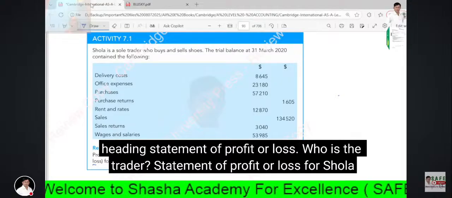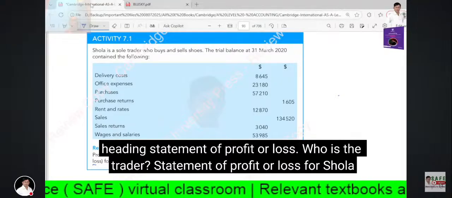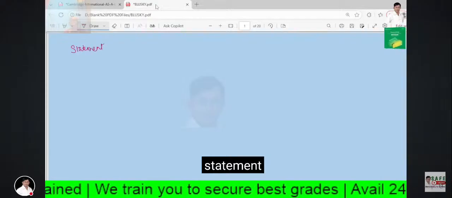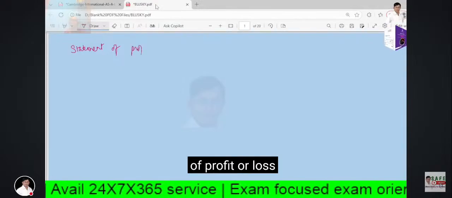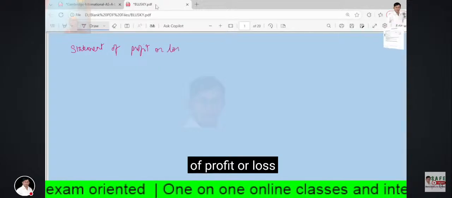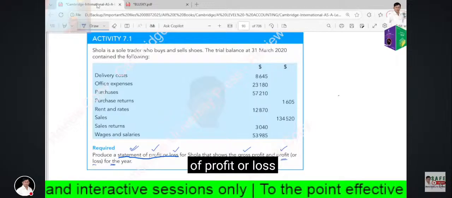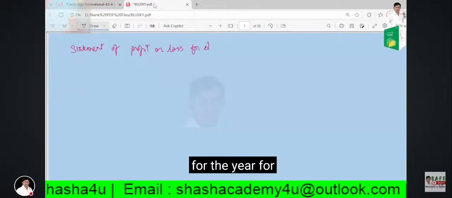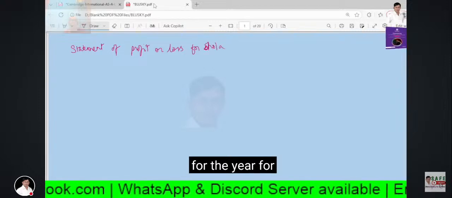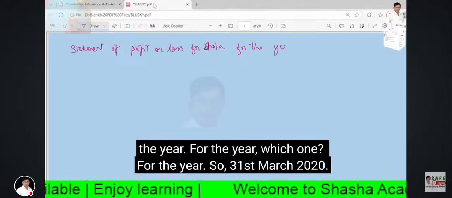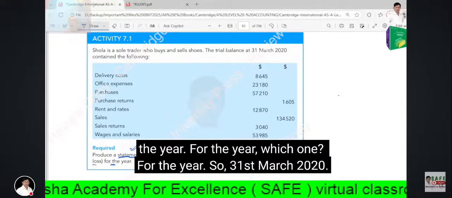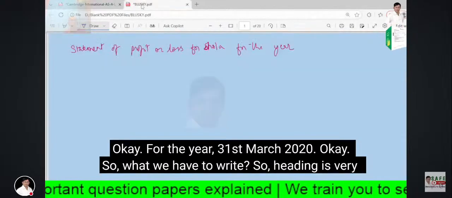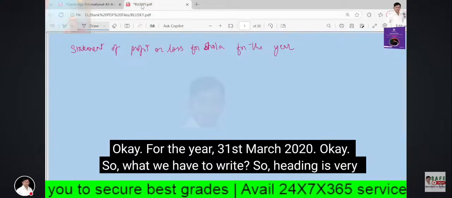Statement of profit or loss for Shola for the year ended 31st March 2020. So the heading is very important.